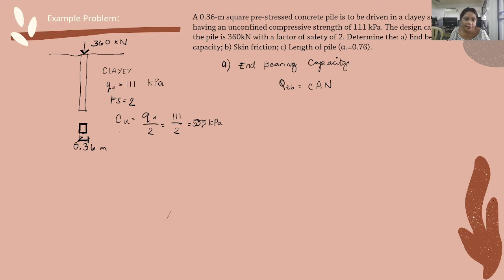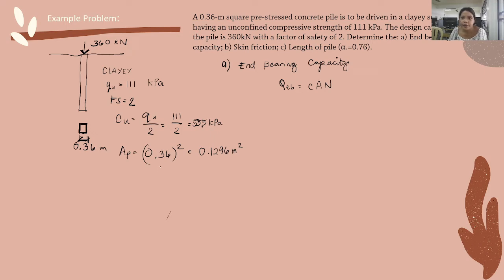We have the area. The area of the pile tip, or A_P, is simply the area of your square. Since the given is a square, 0.36 is squared. The area of a square is S squared, so we multiply it by itself. 0.36 by 0.36 is 0.1296 square meter. And the last one is N.